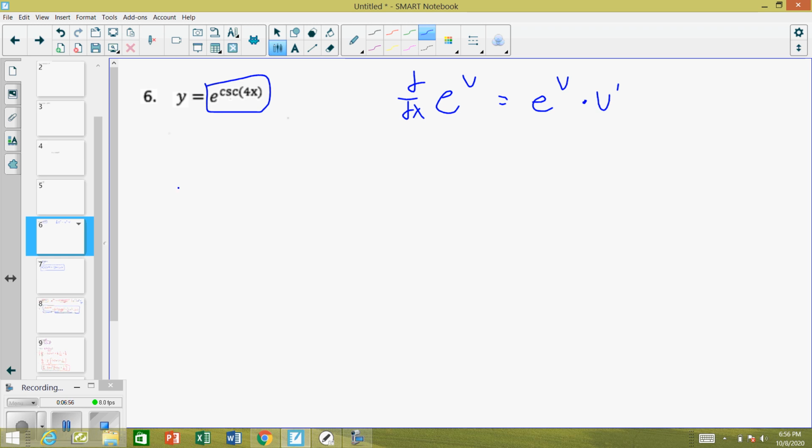So this derivative y prime is going to equal e to the cosecant of 4x. We rewrite it. Then we multiply by the derivative of the inside, the derivative of the power. And the derivative of cosecant of 4x is going to be negative cosecant 4x times cotangent 4x.